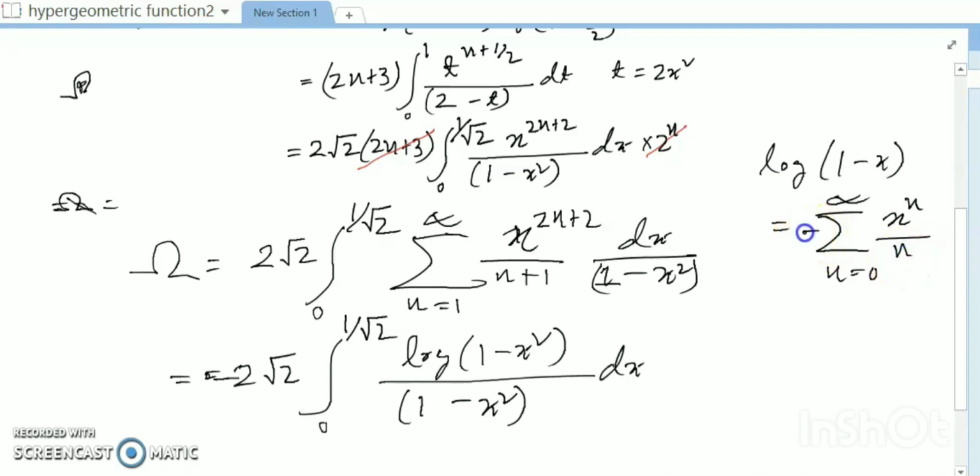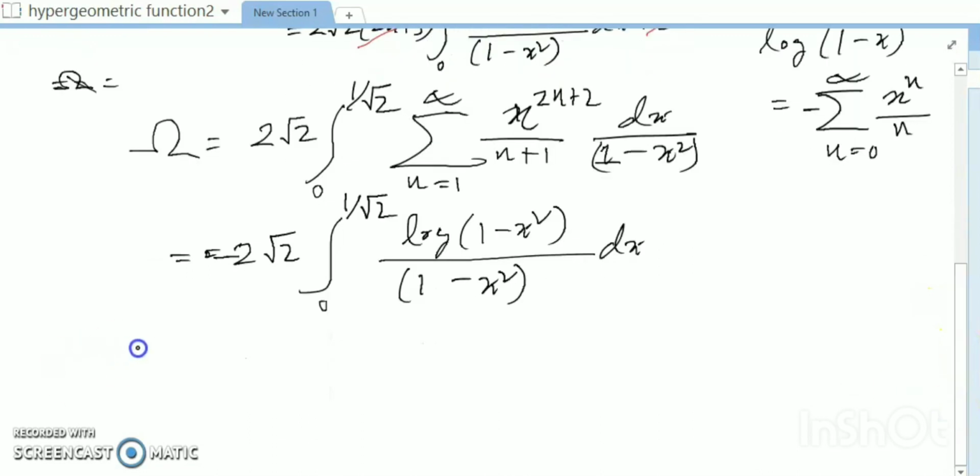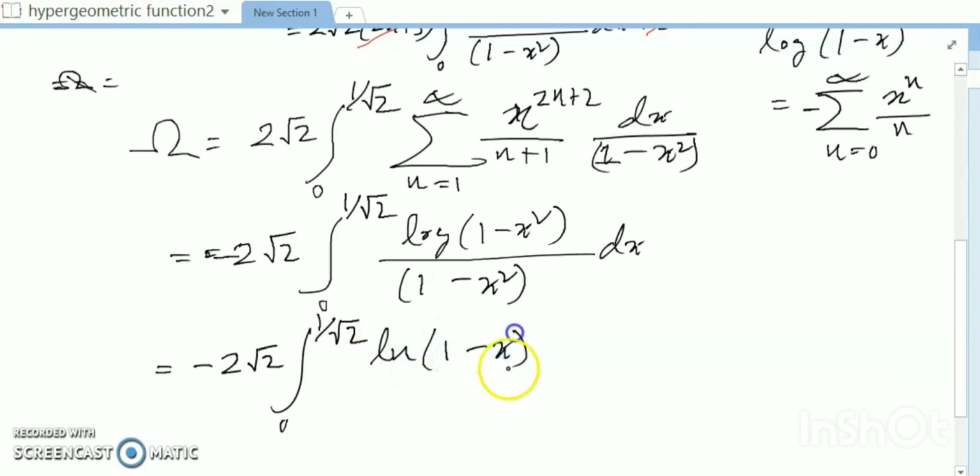So this is the formula, and log 1 plus x is different, but it is not log 1 plus x, it is log 1 minus x square. So I can write minus 2 root 2, integral from 0 to 1 by root 2, just using partial fractions. Okay, so I get ln of 1 minus x.